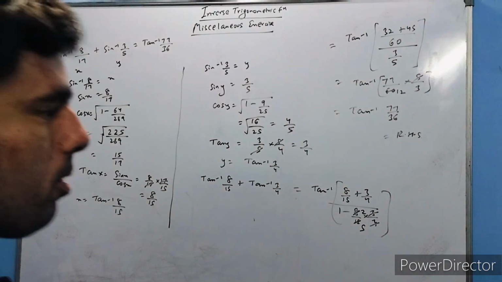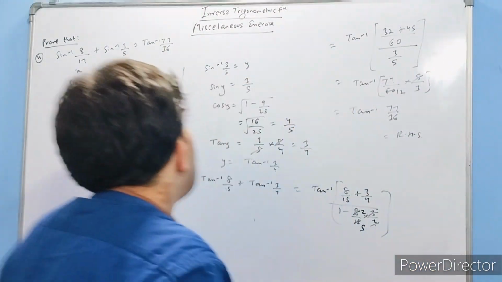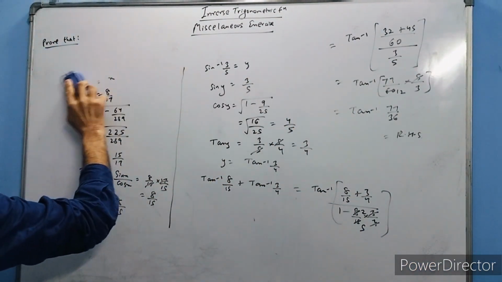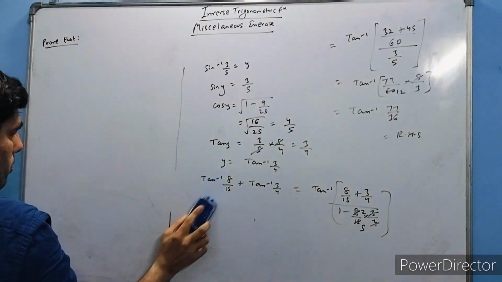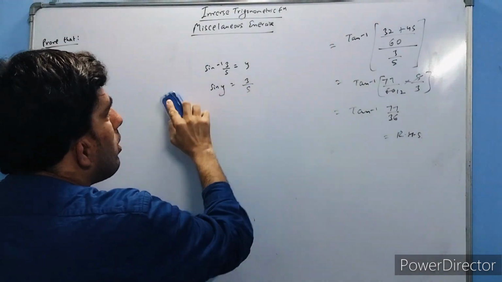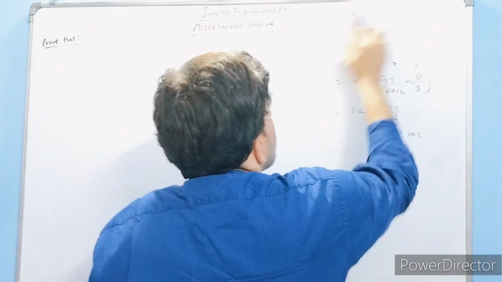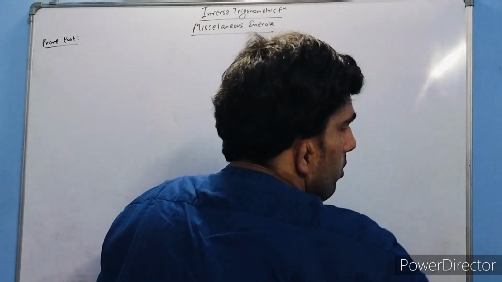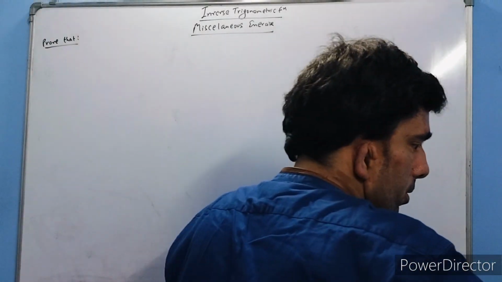Now let us move further ahead. Now we'll move to the fifth question. What do we need to prove? Let us see. I hope it's clear to everyone. It is a very easy miscellaneous exercise for inverse trigonometric functions. So now we have the fifth question.